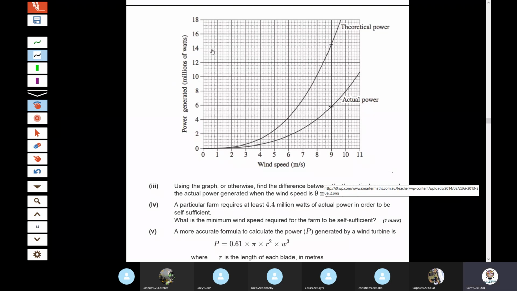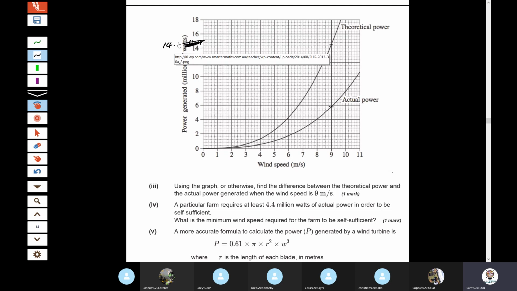So what's that? We've got 14 point, wait, that's going up by 1, 2, 3, 4, 5. So that's 2 divided by 5, 0.4. Okay, so that's 14.4.